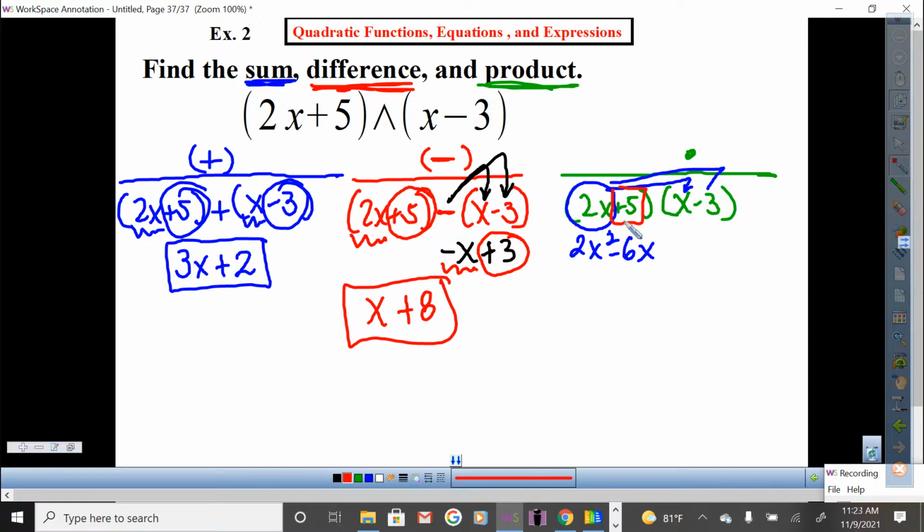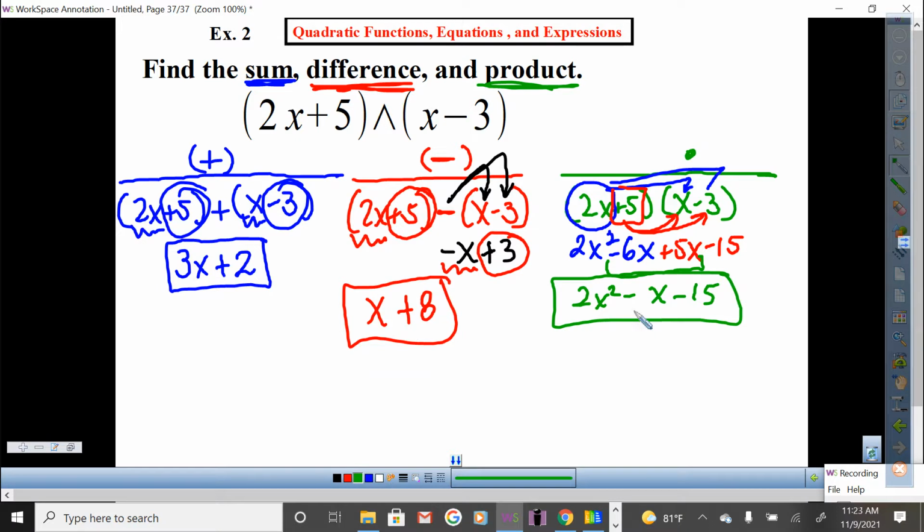Then positive 5 times x, that's positive 5x. Positive 5 times negative 3, that's negative 15. Can I combine stuff? Yes, right here. What is negative 6x plus 5x? That's negative 1x. Bring down the negative 15 and bring down the 2x squared. And this is my product.